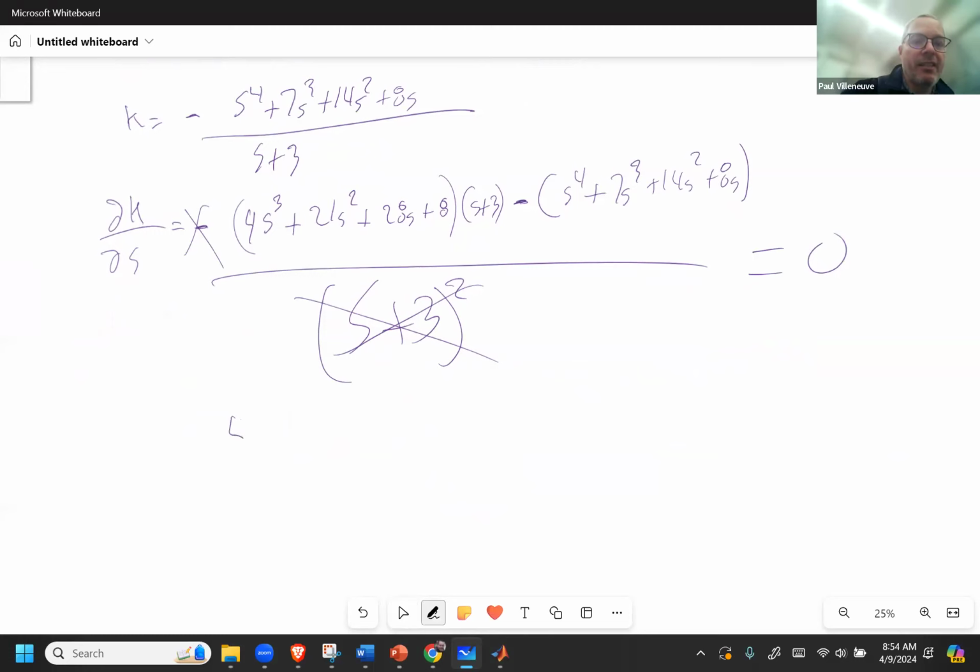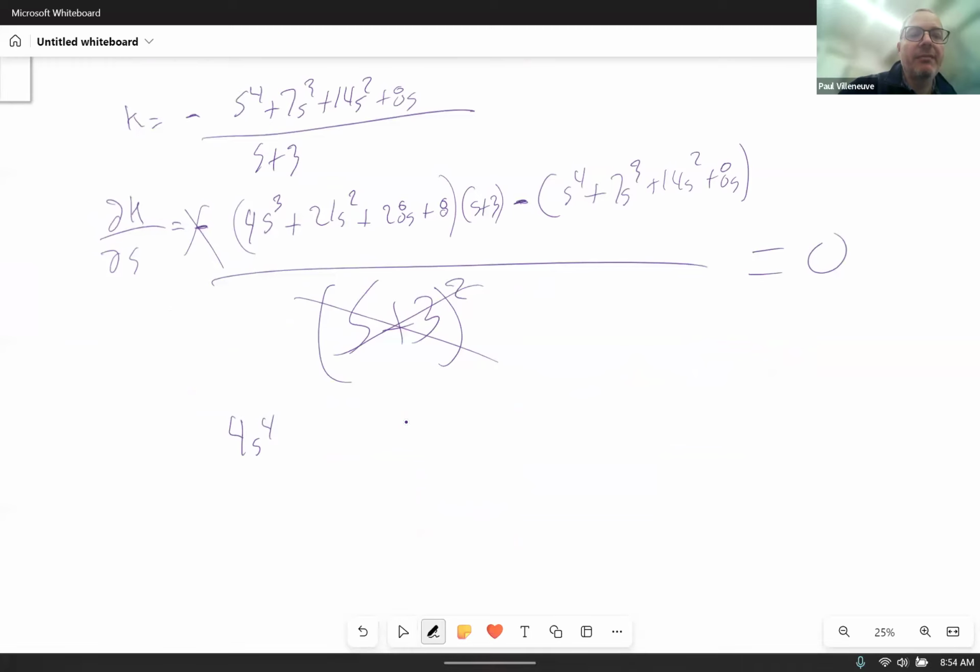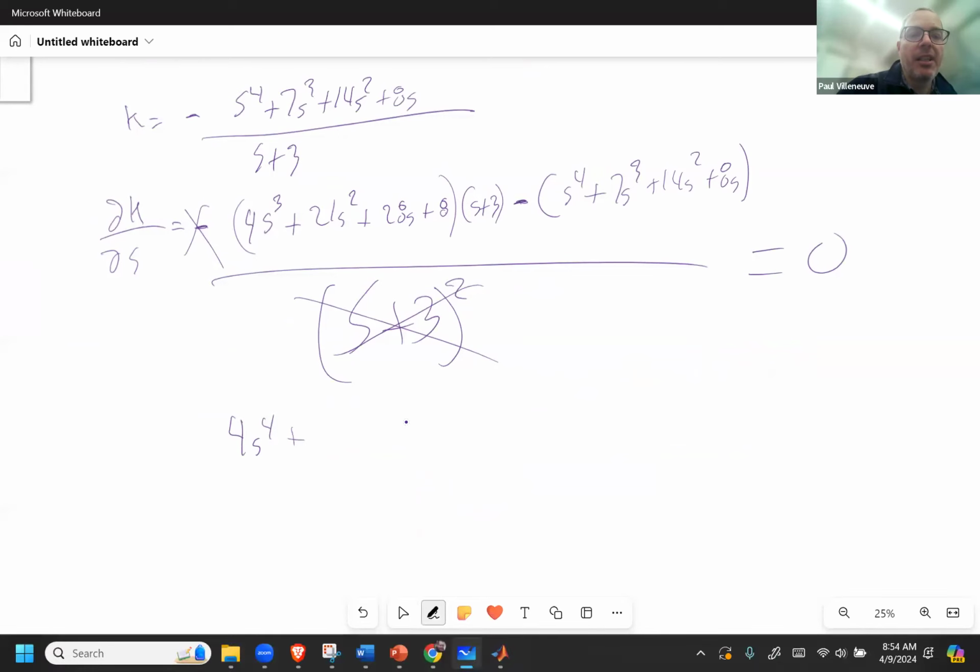I've got 4S to the 4th, plus 21S squared, S cubed plus 33S cubed, 28S plus 24 is 52S, and then plus 24, if I did that correctly, not guaranteeing it. Oops, this is incorrect here.